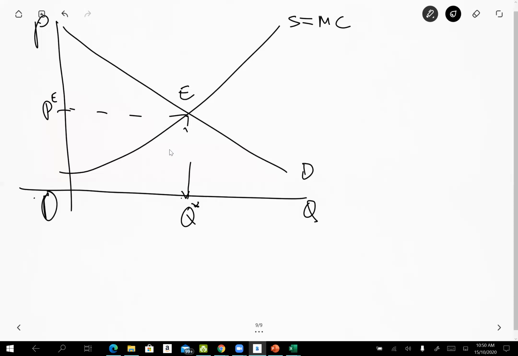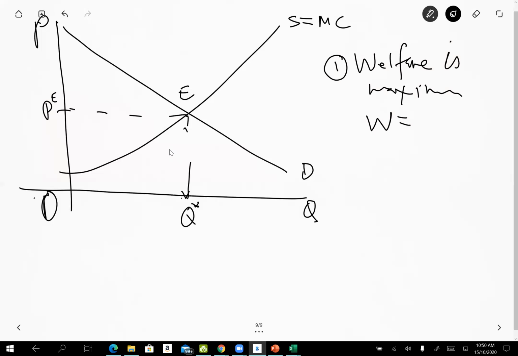Now, there are a few things about the market outcome here. Number one, welfare is maximized. Now, how do you measure welfare?